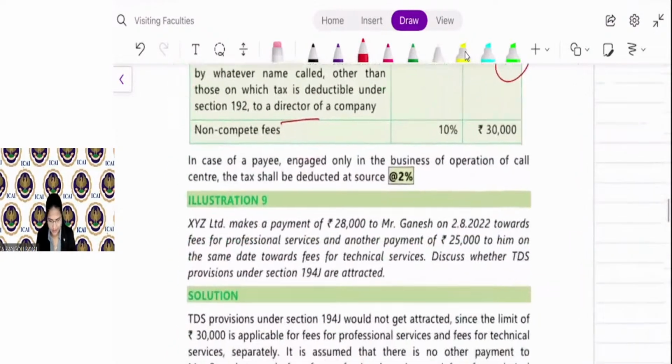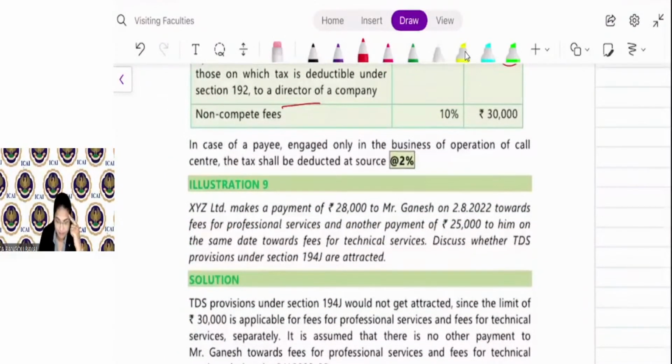So let us discuss illustration number 9. XYZ Limited makes a payment of 28,000 to Ganesh on 2nd August 22 towards fees for professional service and another payment of 25,000 to him on the same date towards fees for technical service.